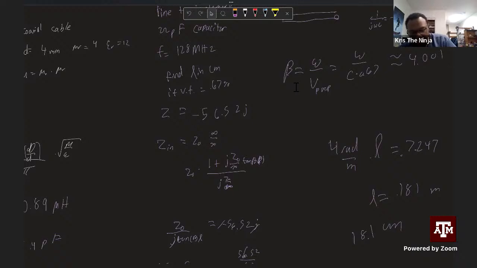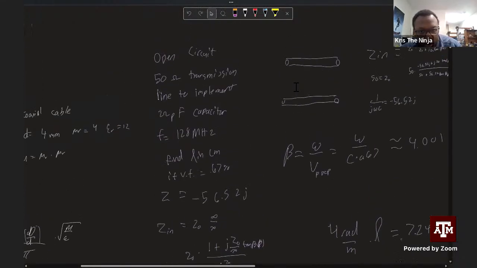I know it breaks down to where you end up getting basically inverse tangent of 50 over 56 equals beta L. Oh wait, no, there's no input impedance.